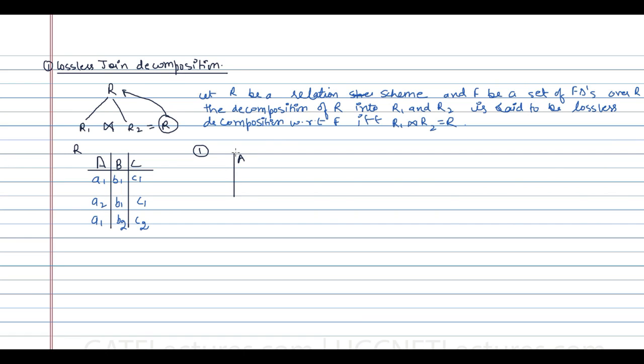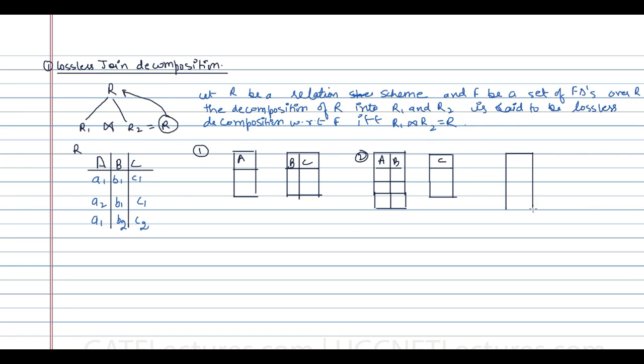That means you can make a table for A and a table for B and C. Or you can make a table for AB, A and B, and one table for C. The second way of decomposing, you can take A and C in one table and B in one table. This is the first way of decomposition.